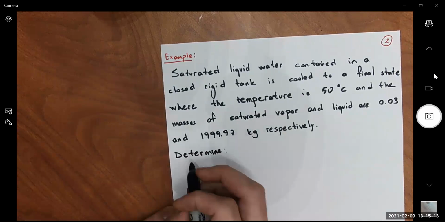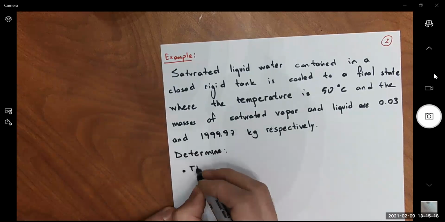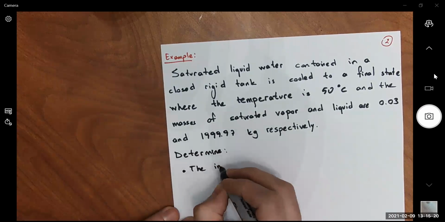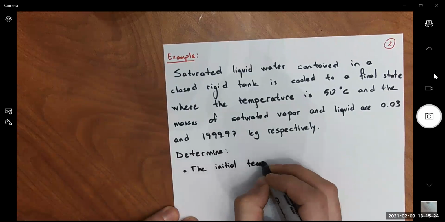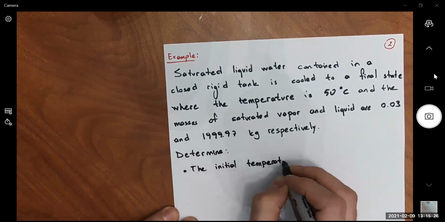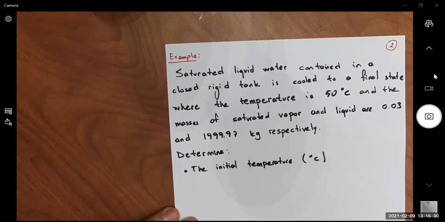Determine the initial temperature in Celsius.